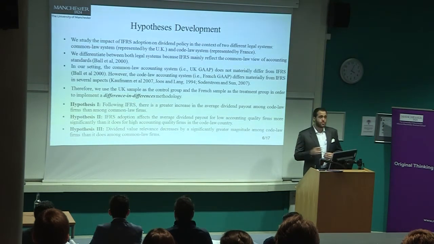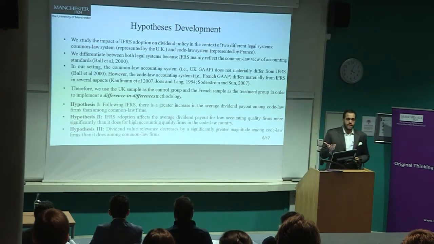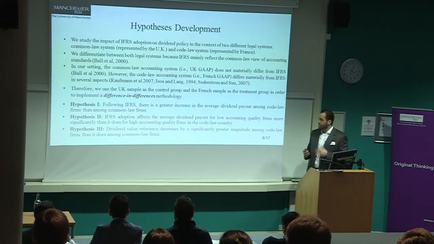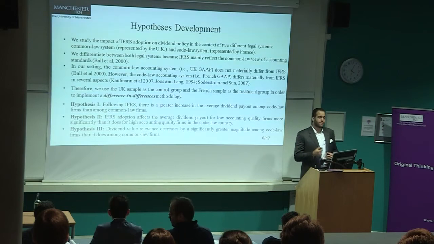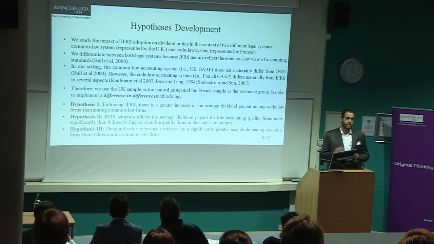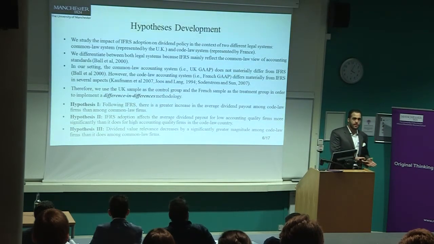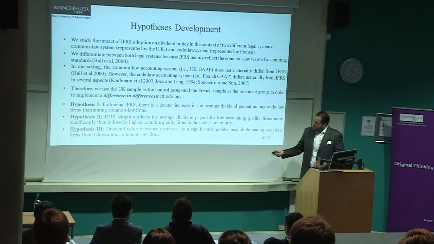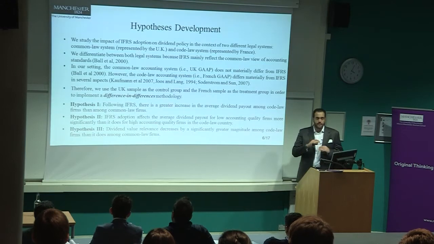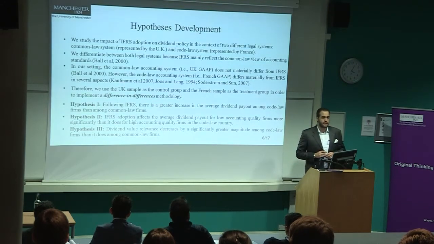And if IFRS were to improve the accounting and the information environment, then we would expect a higher effect for those who had a lower accounting quality prior to adopting IFRS. So these two hypotheses are about the level of the dividend payout.